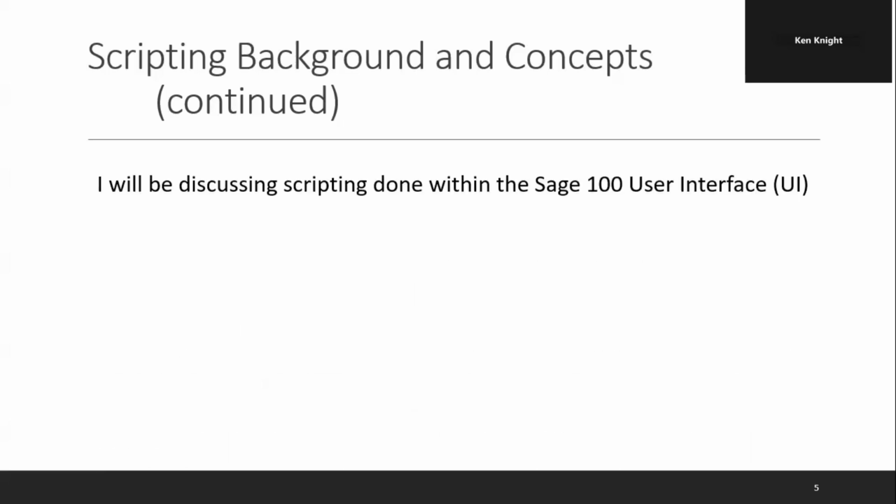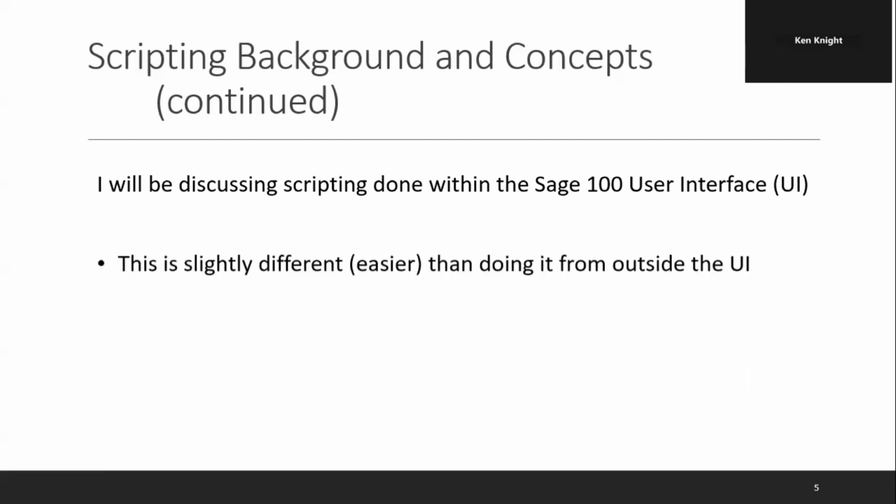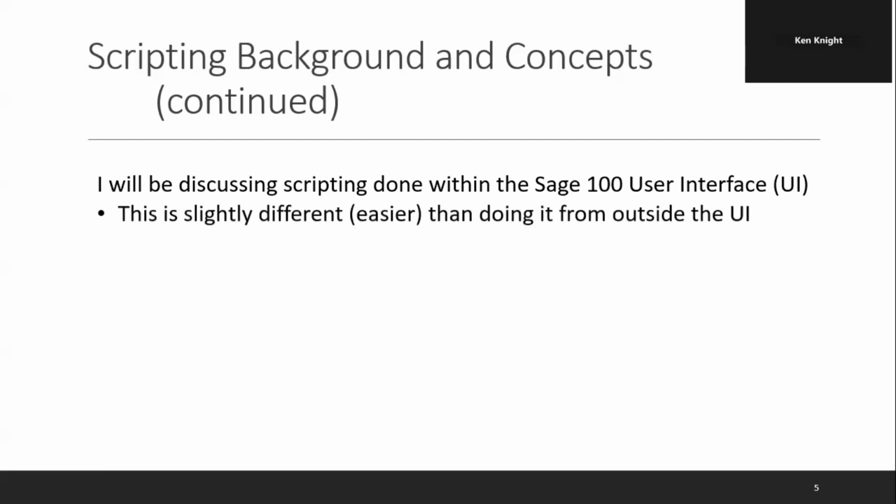So I will be discussing scripting done within the Sage 100 user interface. But I want to take a moment to talk about doing scripting outside of the Sage 100 user interface. Now, the reason that we want to concentrate on doing it inside the user interface is because it's easier than doing it from outside the user interface.